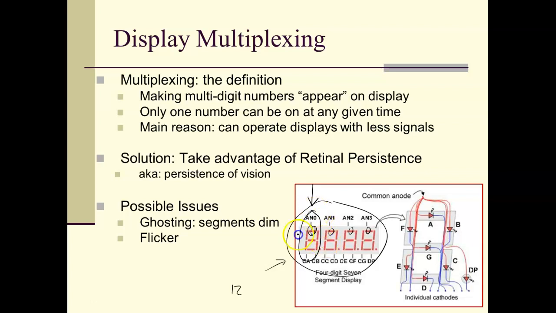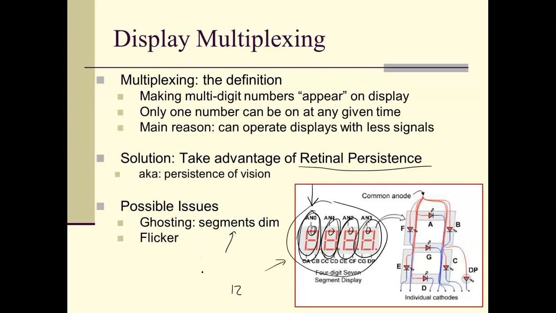So what I'm going to do is display that for a while, wait, then display that, then wait, and so on. I'm only displaying one at a time, but if I do it fast enough, it takes advantage of persistence of vision, or retinal persistence, and it makes it look like there are multiple numbers on the display at the same time.